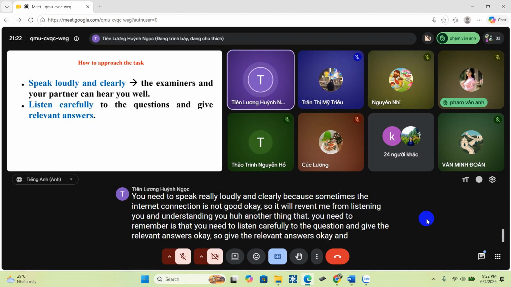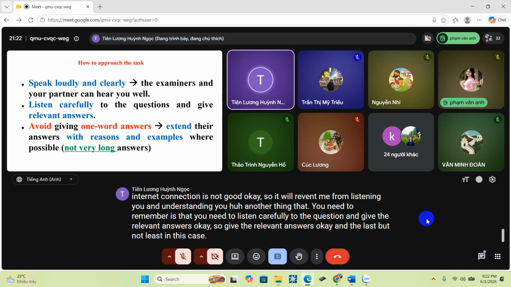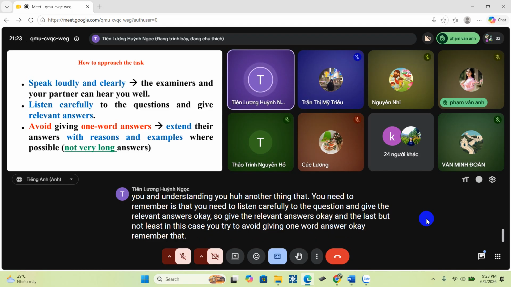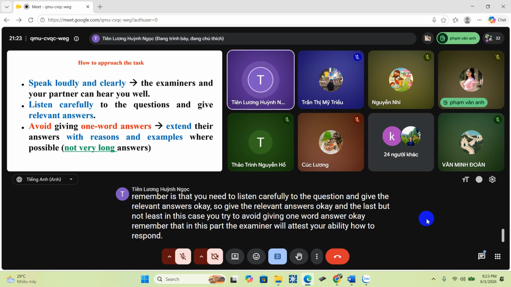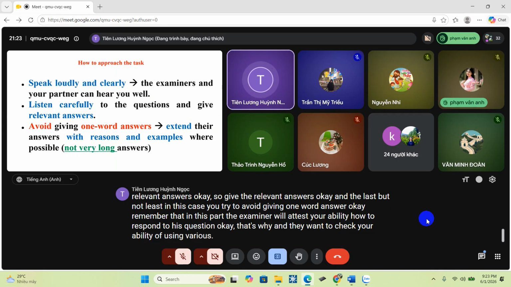Last but not least, try to avoid giving one-word answers. Remember that in this part, the examiner will test your ability to respond to his or her question, and check your ability to use various grammatical structures and vocabulary.